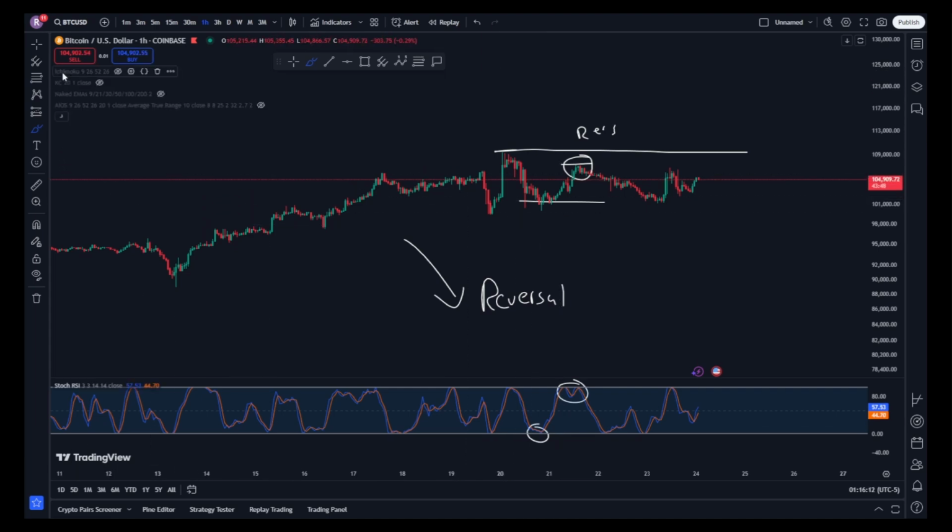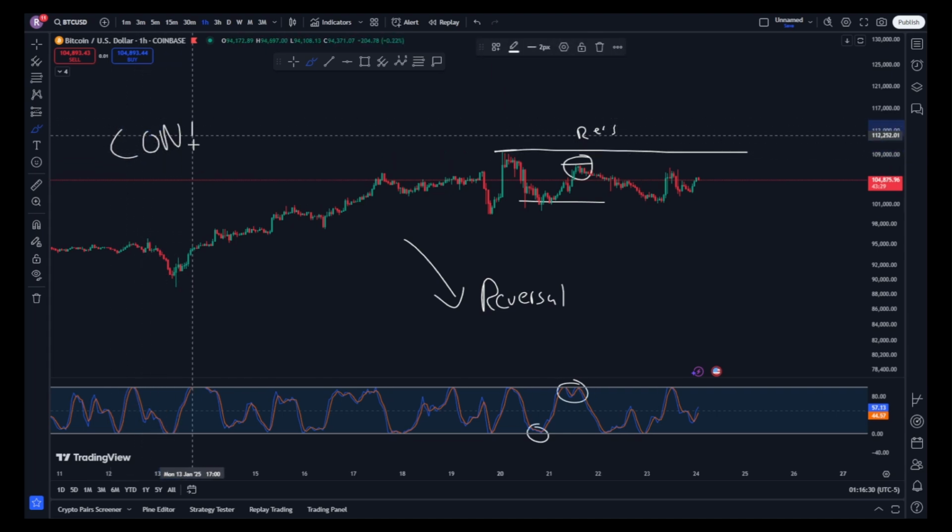This is what I mean. You need to use other indicators. Use the Ichimoku cloud, Keltner channels, EMAs, and even average true ranges. These are all good indicators to use alongside the stochastic RSI, because this is nothing more than a confirmation.